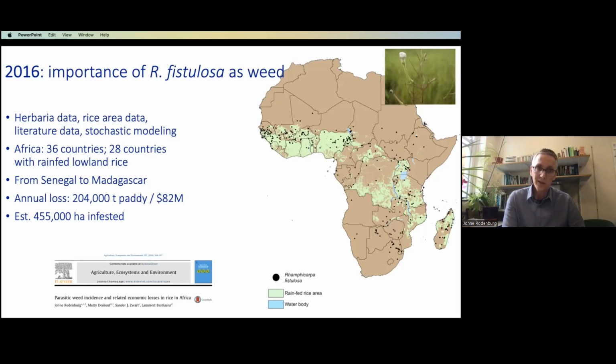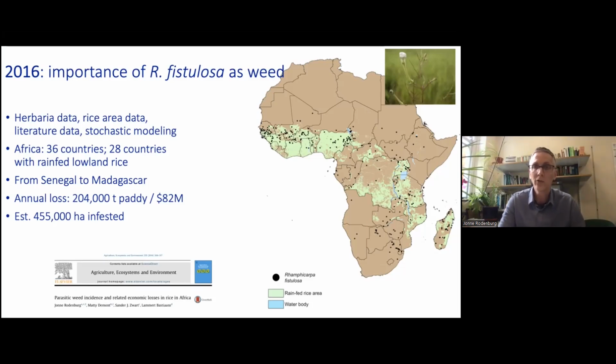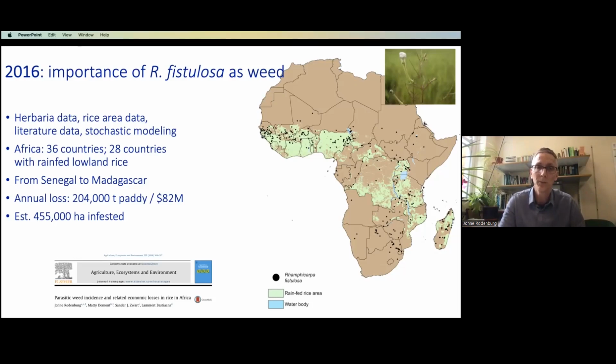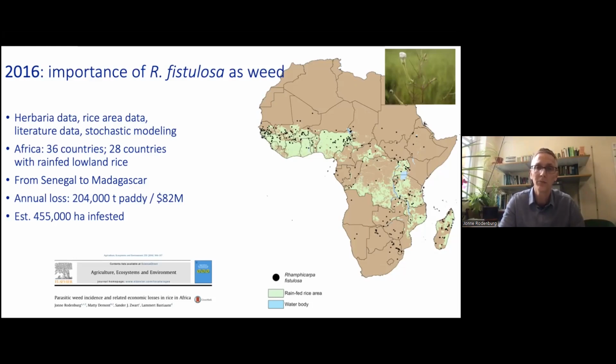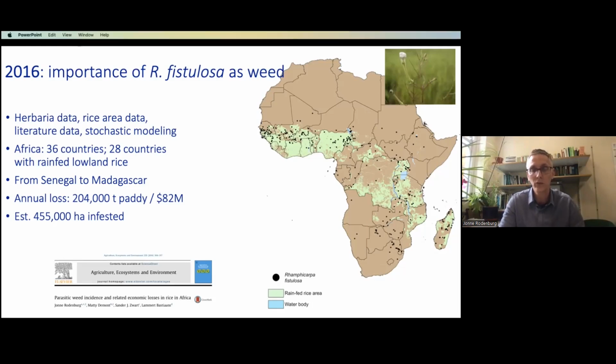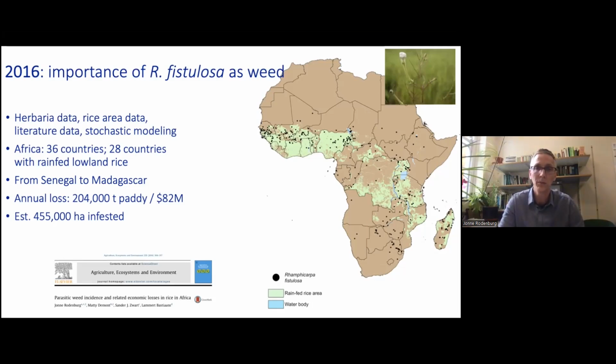And we estimated the annual losses to be above 200,000 tons of paddy, so unmilled rice, and that equates to around $82 million. And we also estimated that the total area infested should be around 450,000 hectares.